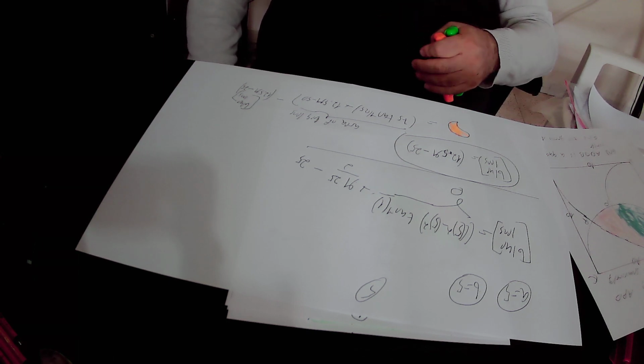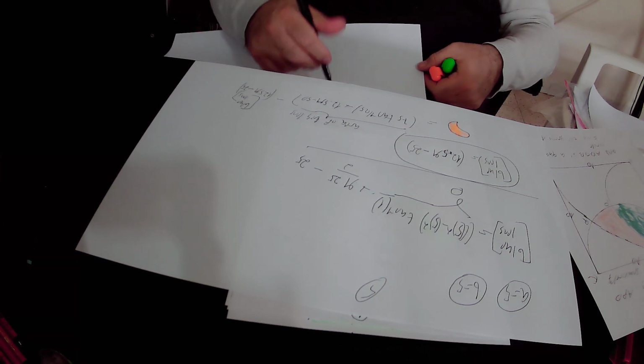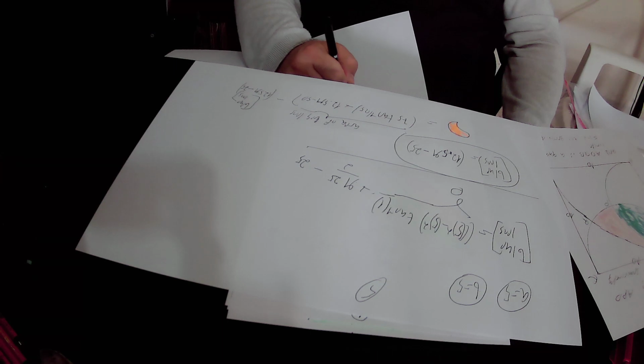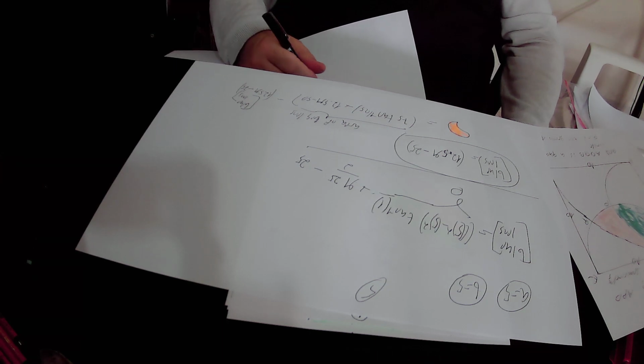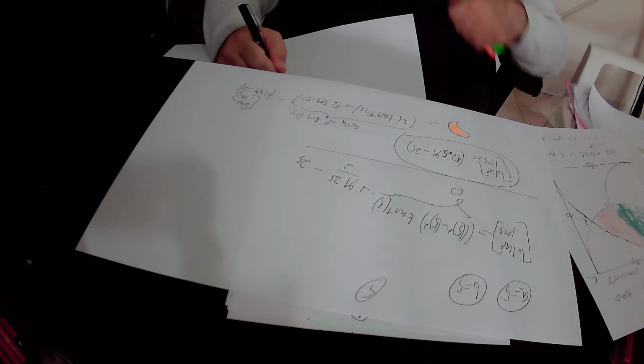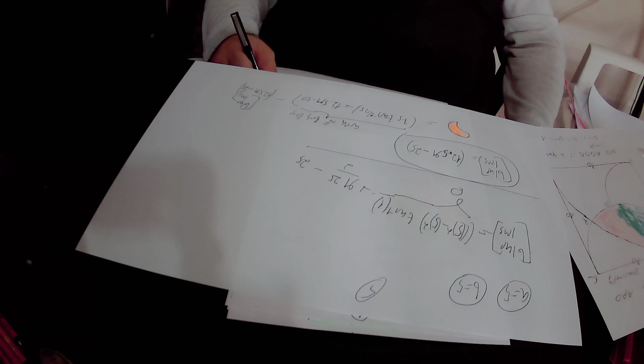So here we'll open the brackets and we get that the area of the orange shape equals 75 times tangent minus 1 of 0.5 plus 12.5 pi minus 50.